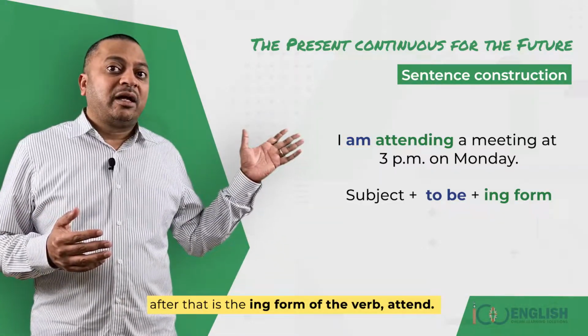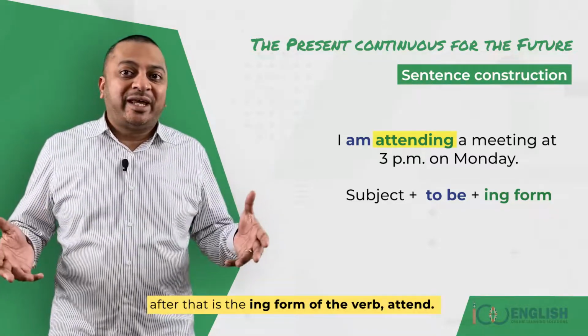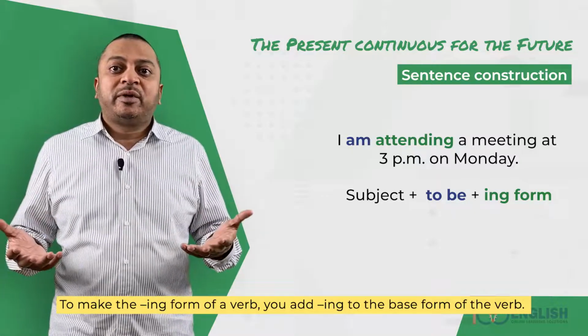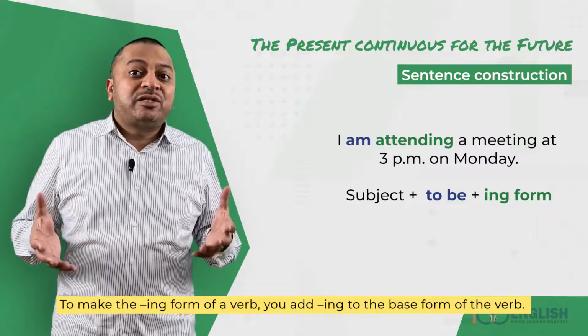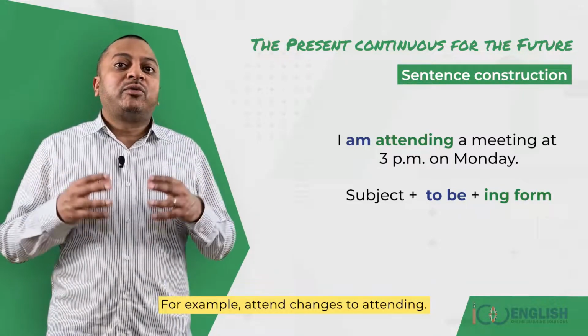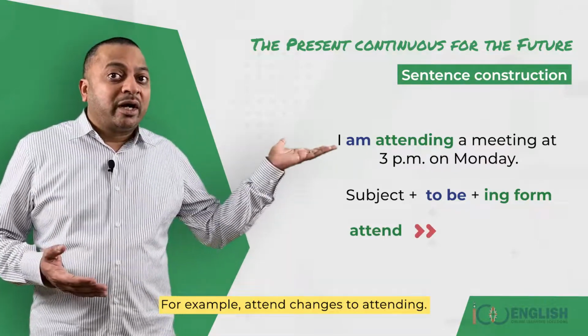After that is the ing form of the verb attend. To make the ing form of a verb, you add ing to the base form of the verb. For example, attend changes to attending.